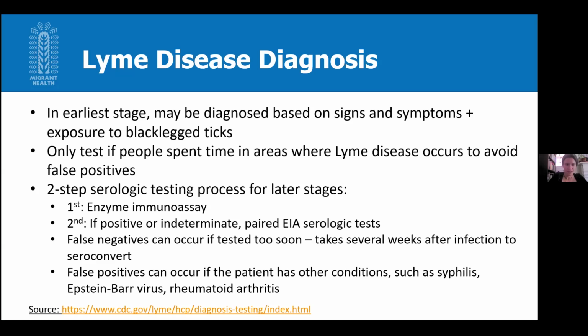The first step is an enzyme immunoassay, and then if that's positive, or if the results are indeterminate, then you would go on to the second round of testing. Of course, there can be false negatives with serologic testing if it's taken too soon because the infection hasn't seroconverted yet. And false positives can happen if the patient has other conditions like syphilis, rheumatoid arthritis, or the Epstein-Barr virus.